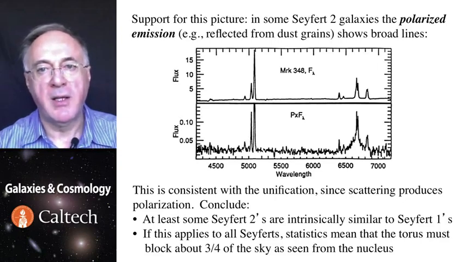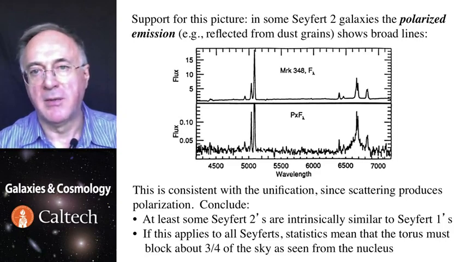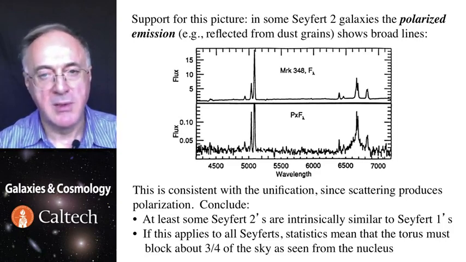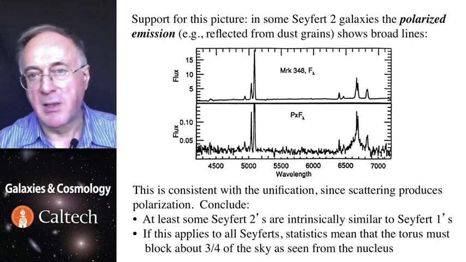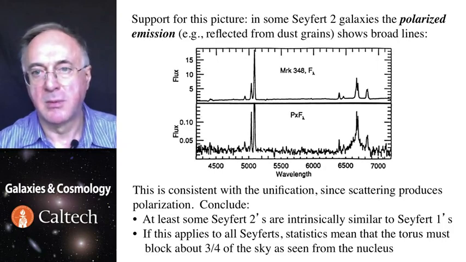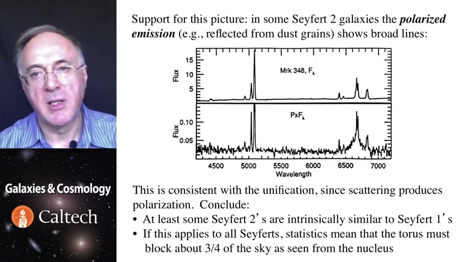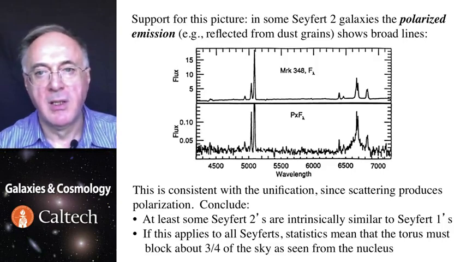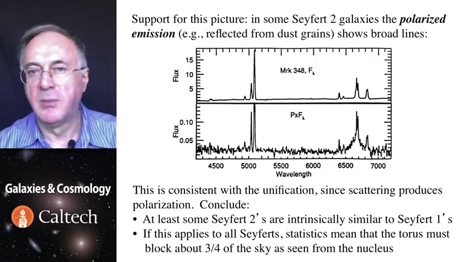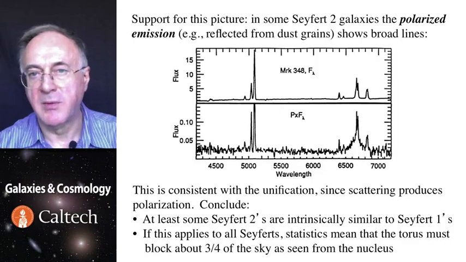So that's the reflected broad emission line light from electrons and or dust. This directly pretty much shows that the unification picture is largely correct, at least for Seyfert galaxies, but by extension, it will also apply to more luminous active nuclei, like quasars. It took a little while to discover type 2 quasars, but we do have them now.